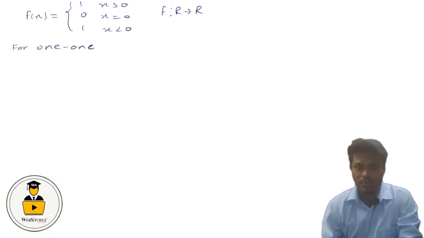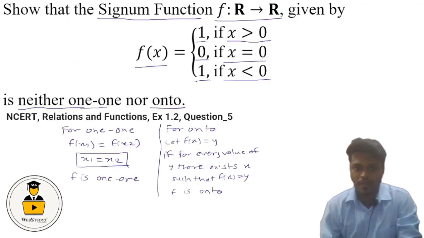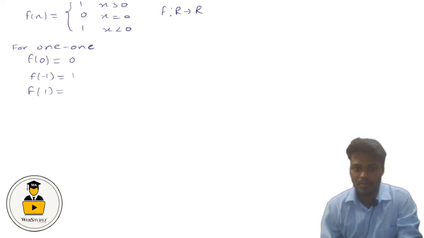We can take some values from the domain and check whether we are getting unique images or not. If we take f of 0, the value of the function will be 0. Then f of -1: since the domain is the real numbers, we can take positive as well as negative numbers. For -1, the function gives us -1. For 1 it will be 1.